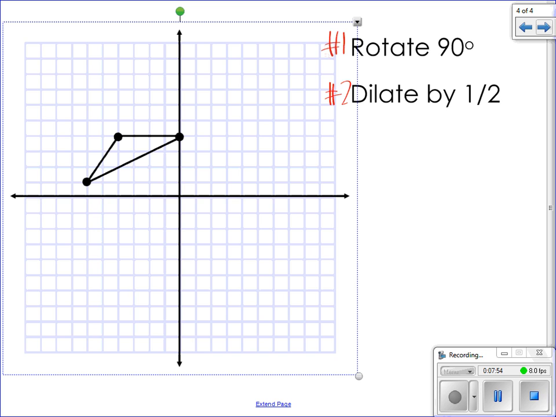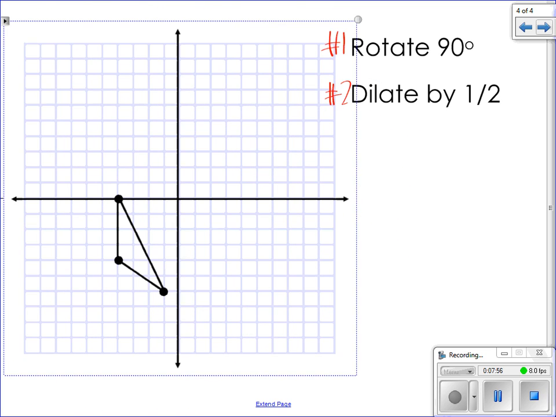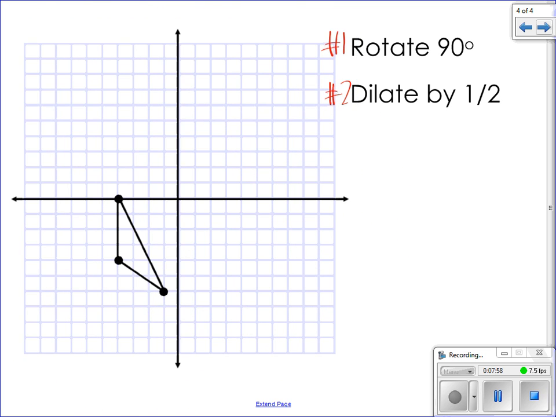So now it looks like this. What should I see in the margin at this point? The new coordinates. Okay, so let's label this. Let's put an A on that one, a B on the axis, and a C here. Okay, so we're going to go A prime, B prime, C prime over here.